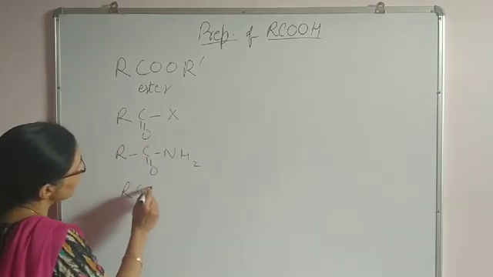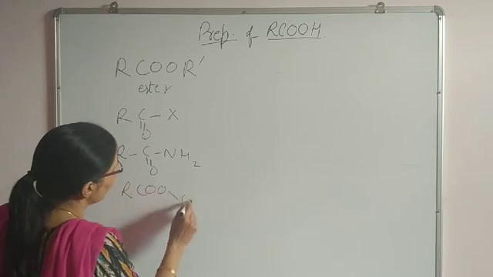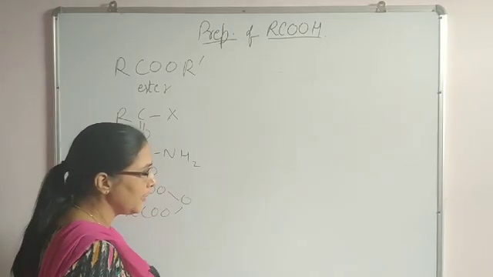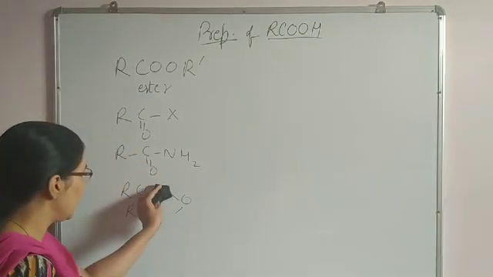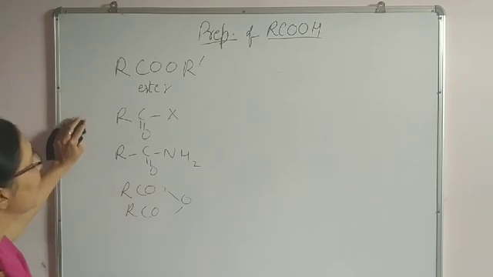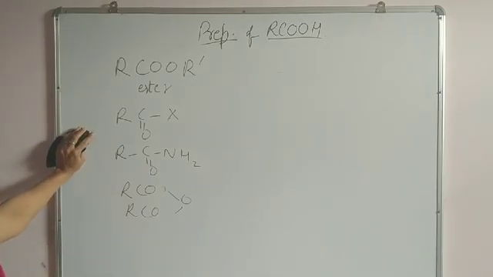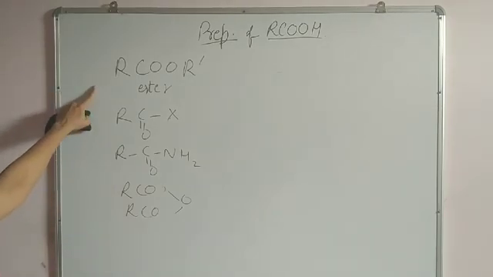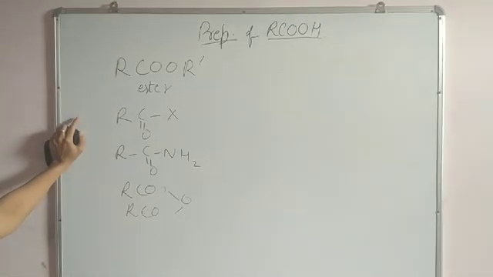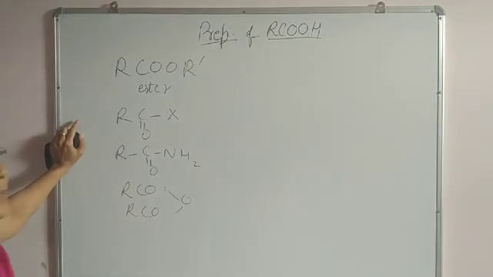Then RCOO acetic anhydride, one oxygen will be lesser, acetic anhydride. Such types of compounds can be formed from acid, and from the hydrolysis of these compounds you can have carboxylic acid. So here you are doing work for preparation method.